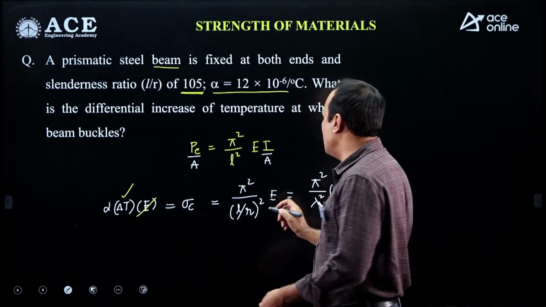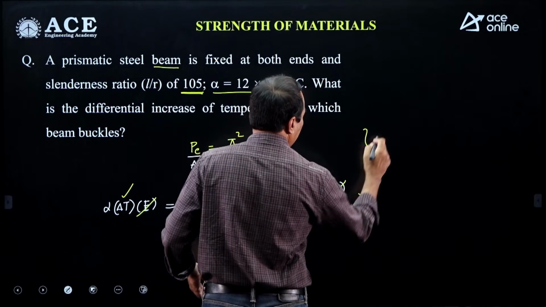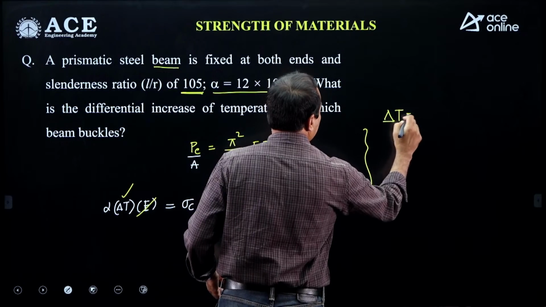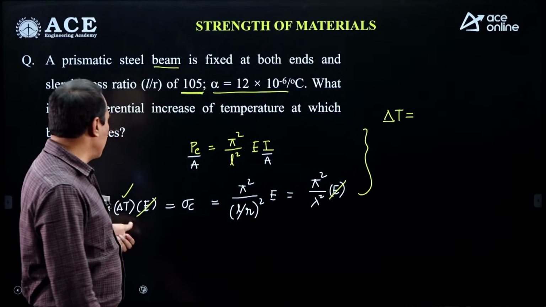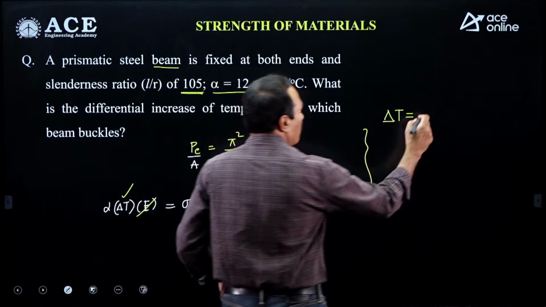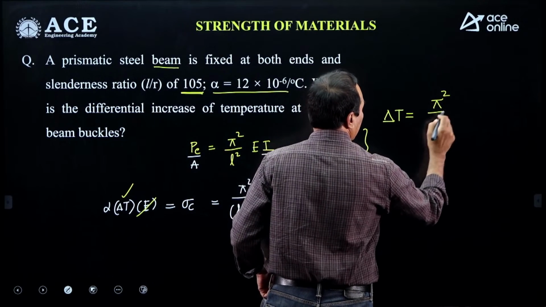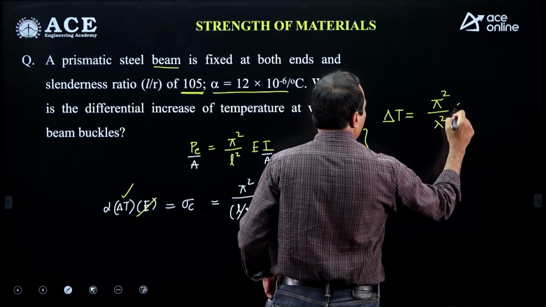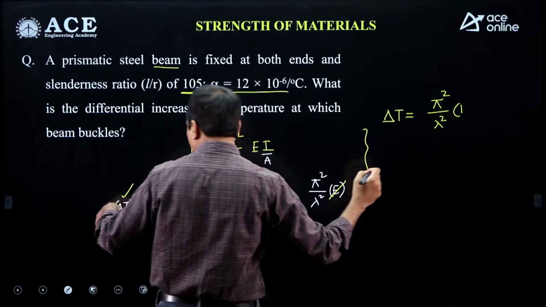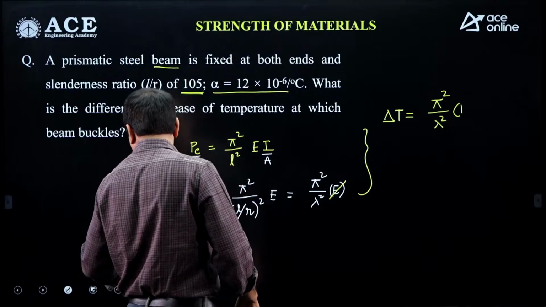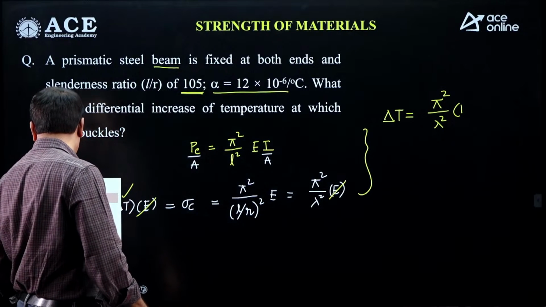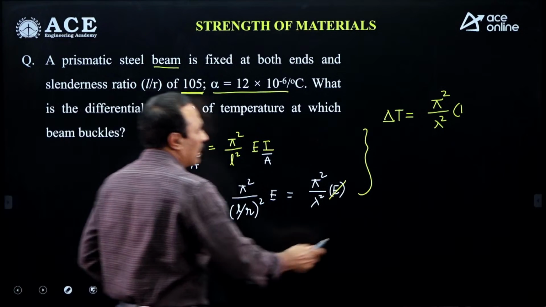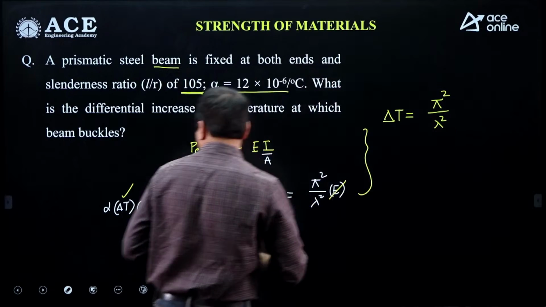So delta T, the differential increase in temperature, is equal to pi square by lambda square into, since Young's modulus is gone, alpha coming down into the denominator.